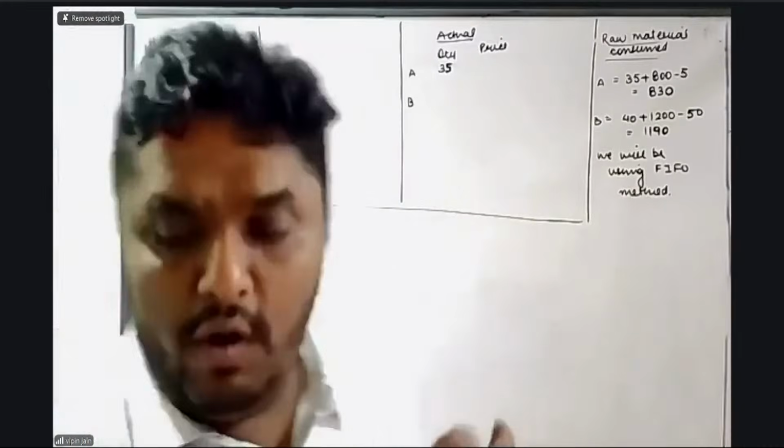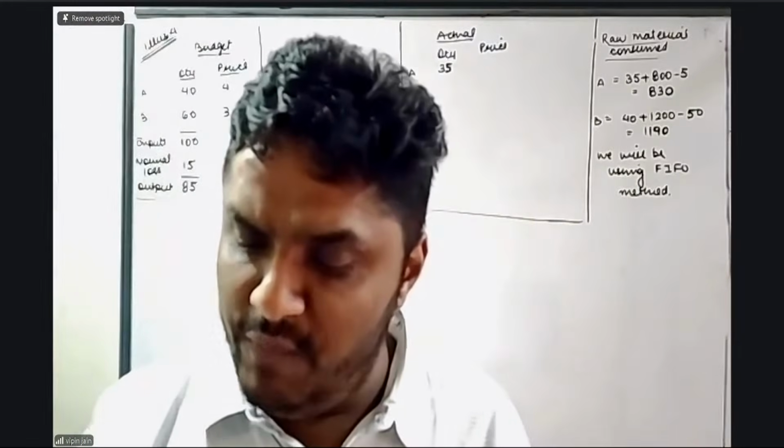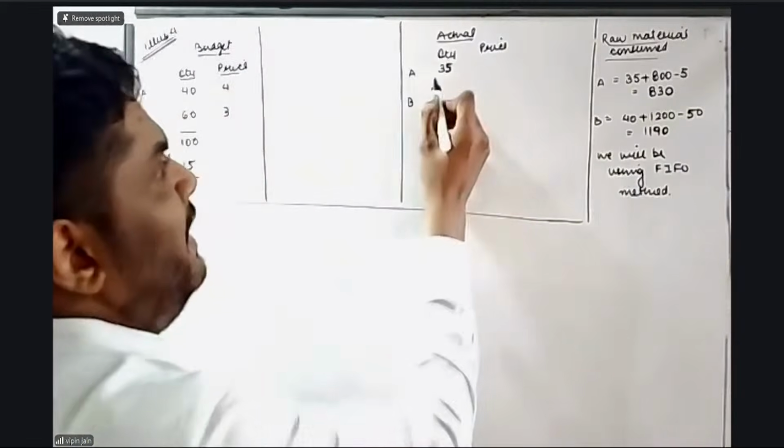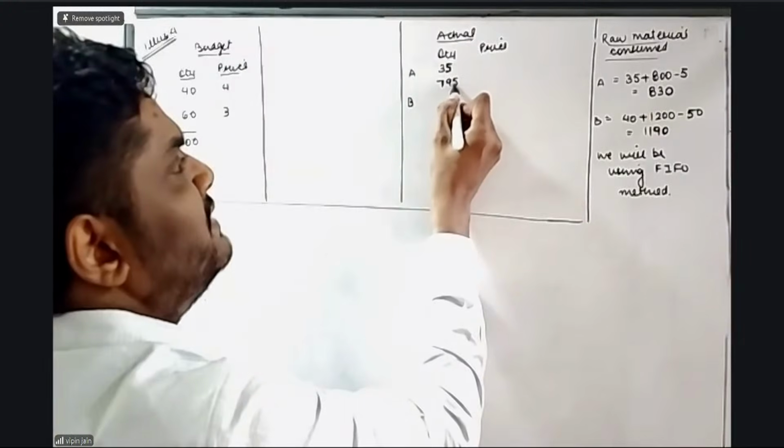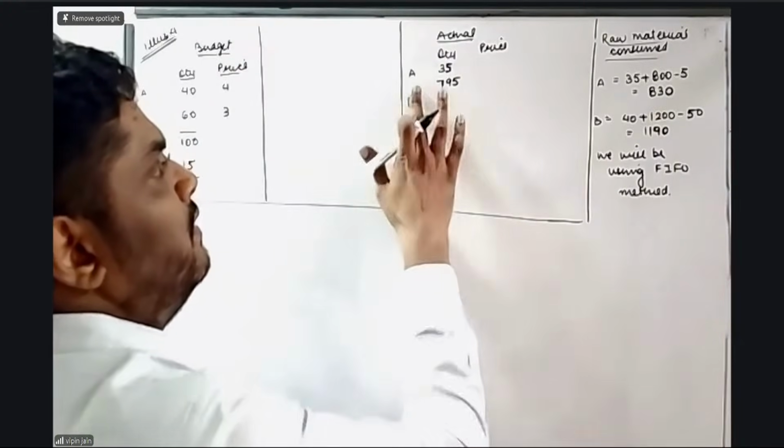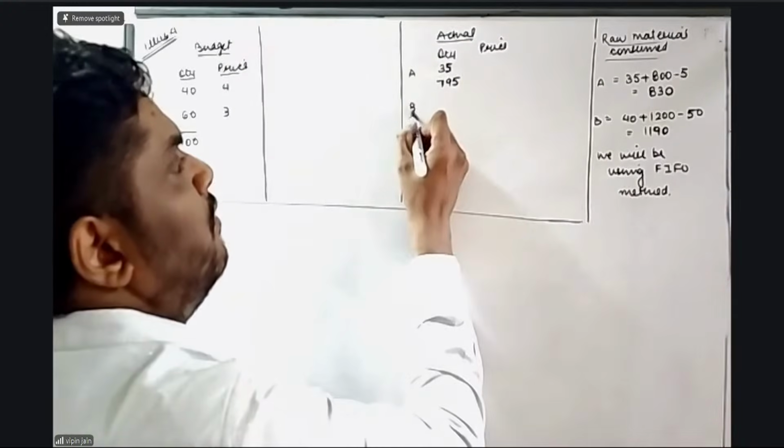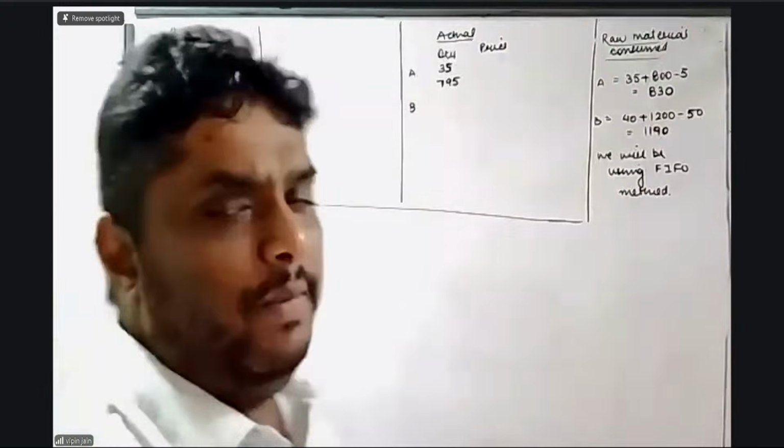Out of 830 raw material, 35 will be consumed from opening stock and 795 will be from the purchases that are made during the year. So herein the total will be 830.